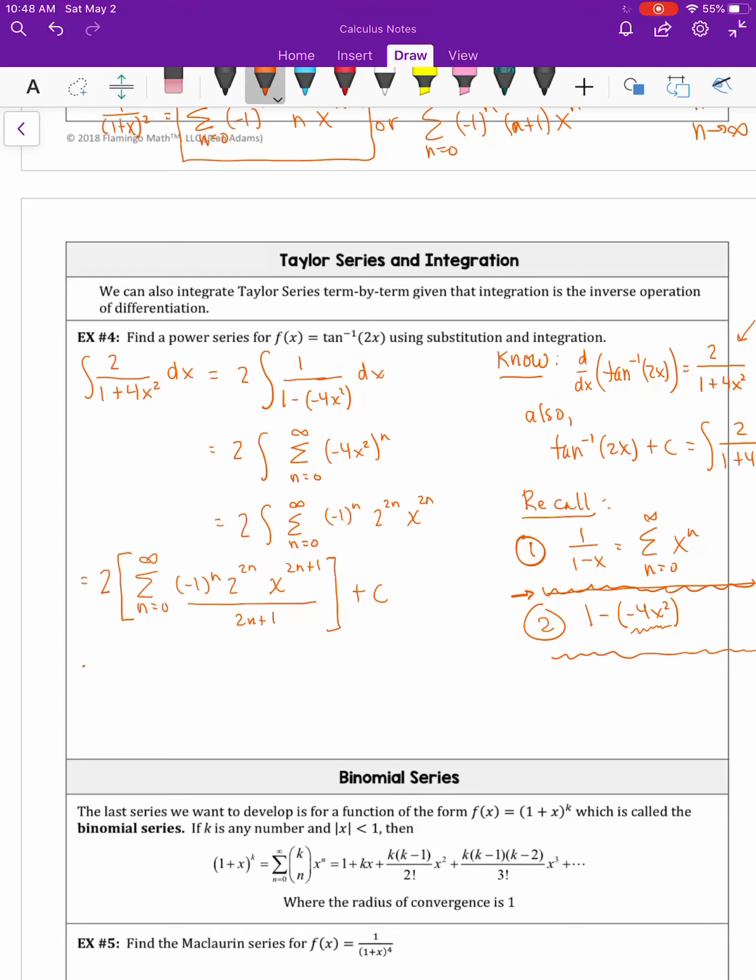Well, I can actually put my plus c at the end, since my c is a constant, it doesn't have to be multiplied by 2 because it's just another constant, okay? So now I'm going to put my 2 on the inside of my summation. So this is going to become 2 to the 2n plus 1.